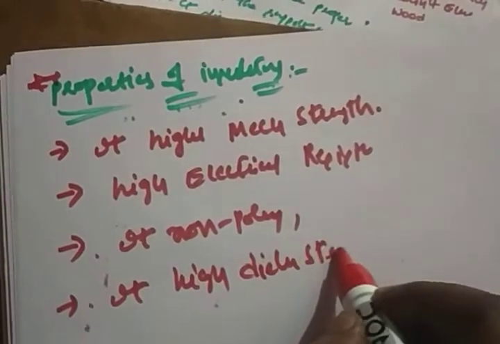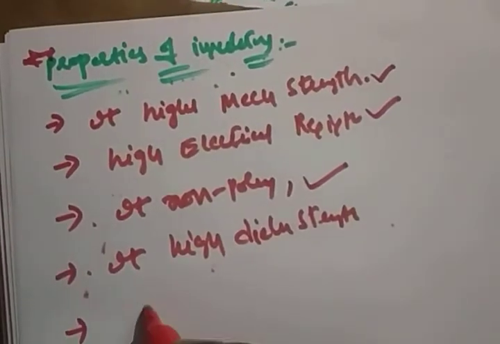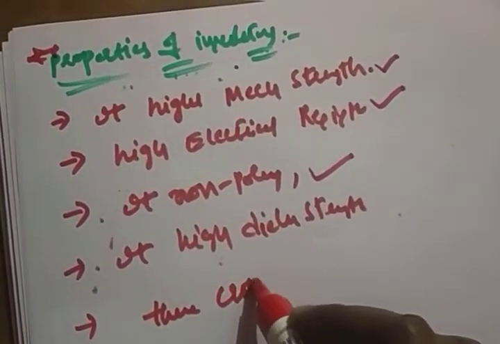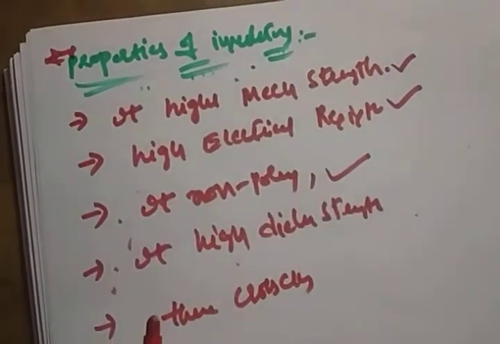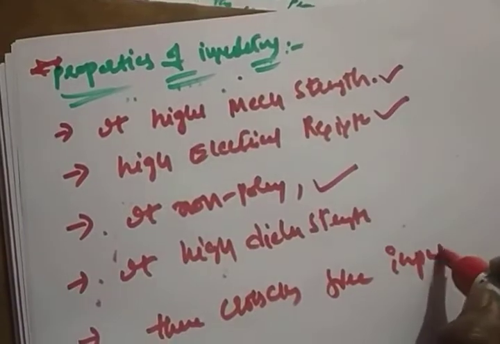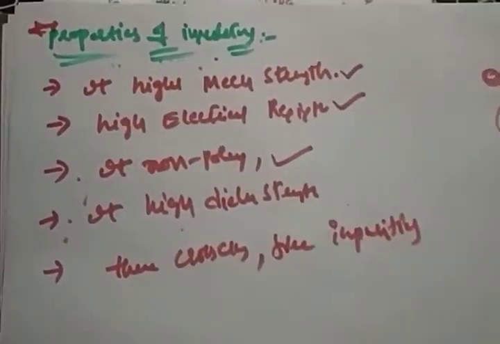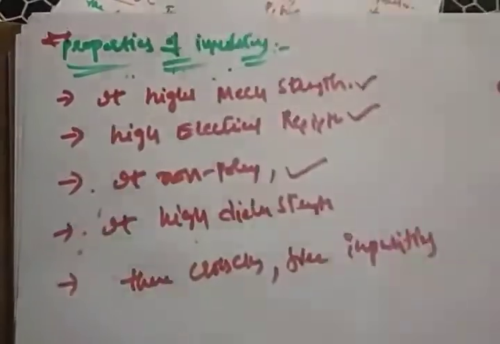And it has high dielectric strength. So the dielectric strength of an insulator should be very high. The mechanical strength should be very high, high electrical resistance, non-porous. There are no cracks on the insulators, and it is free from impurities. While you are designing an insulator, these are the properties you should consider.